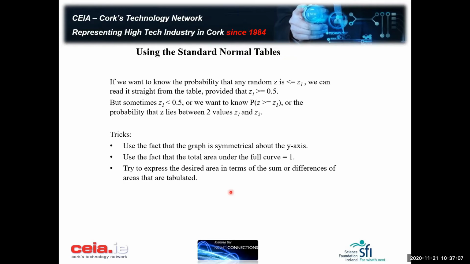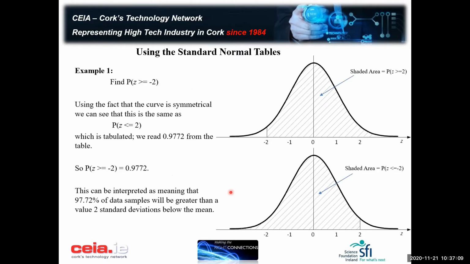So let's work through some examples. Suppose you want to find the probability that Z is greater than -2. What you're looking for then is the area starting from -2 on this curve all the way up to plus infinity.